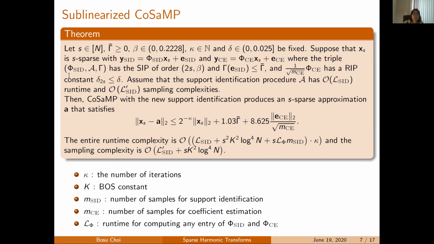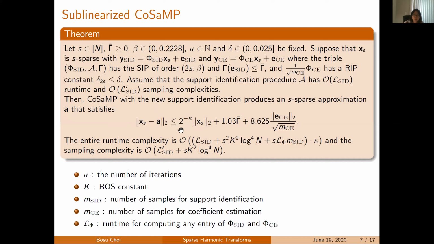Then if we have this triple phi SID, A and gamma, which satisfies the SIP of order 2s comma beta, and this gamma of ESID is bounded by this gamma bar, and the normalized phi CE satisfies the restricted isometry property, then CoSaMP with this new support identification produces the following S sparse approximation with this error guarantee.